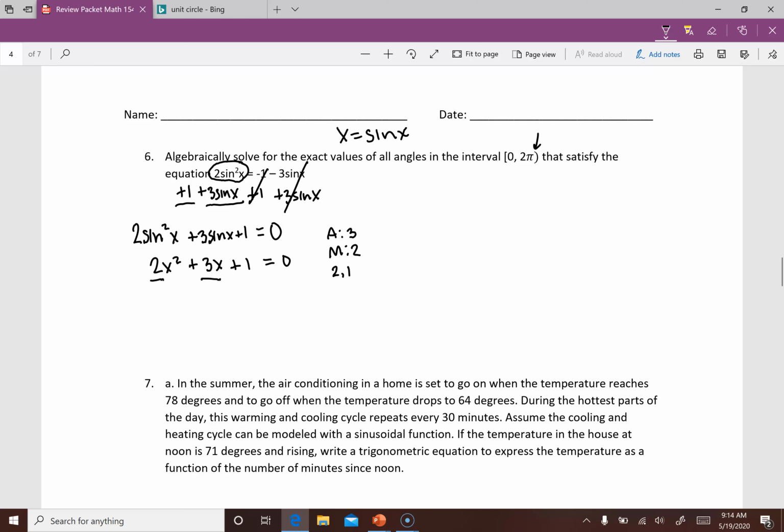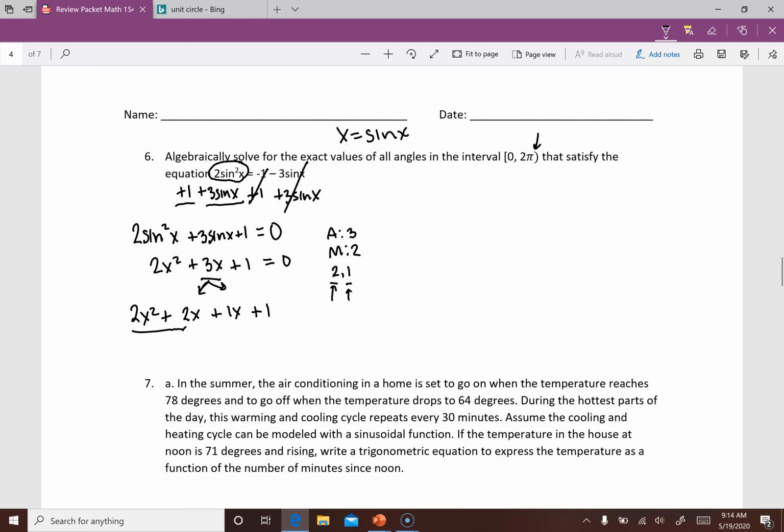So now I'm going to break up this middle term into 2. And you should really pick the one that makes most sense to start with. Does it make more sense to have 2x squared plus 2x or plus 1x? Well, definitely plus 2x, but then we're going to have the plus 1x because I'm using 2 and 1, and then plus 1.